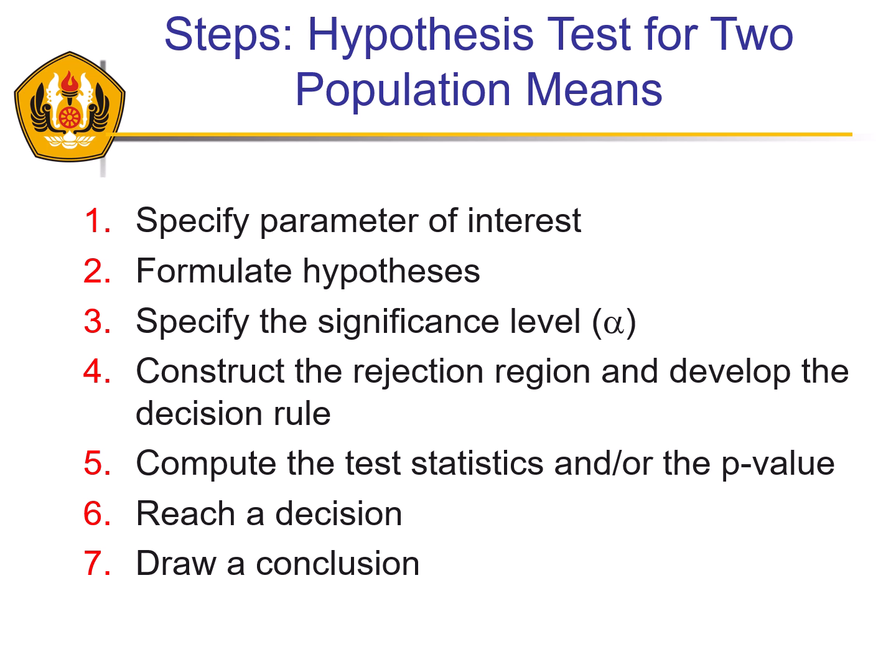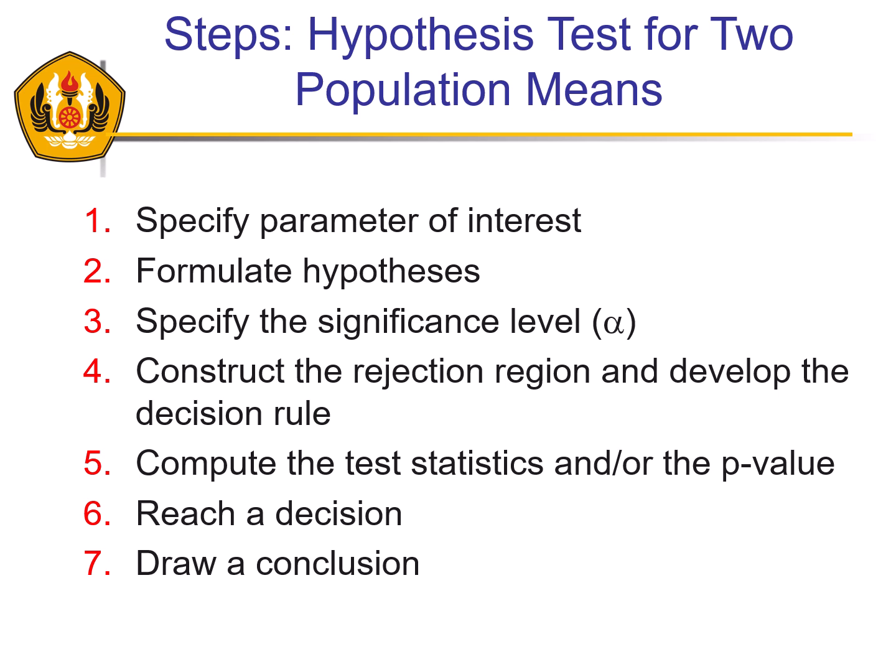So these are the steps for testing the hypothesis for two population means. The first step is to specify the parameter of interest. The second is to formulate the hypothesis. The third is to specify the significance level, alpha, which can be 1%, 5%, or 10%. The fourth step is constructing the rejection region and developing the decision rule, which can be obtained from the normal distribution figures.